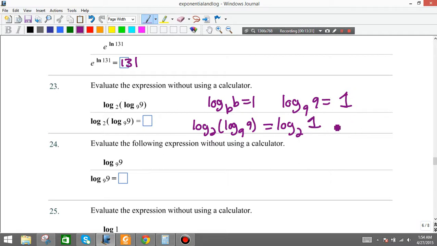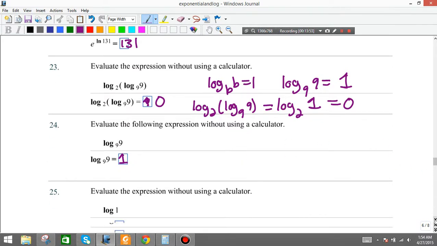And now the question is, what power do you raise 2 to get 1? And the answer to that is 0. 2 to the 0 is 1. So the answer to this is 0. Log base 9 of 9 is 1, because 9 to the first is 9.